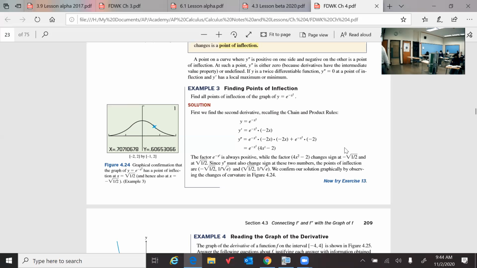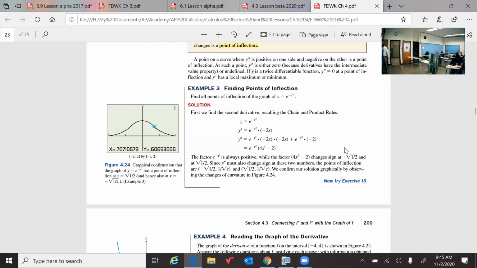So we take this information into an H chart. We have x, we have y. We have dy dx, and we have the second derivative. What does that mean? The second derivative is 0 at the opposite of the square root of 1/2 and at the square root of 1/2.